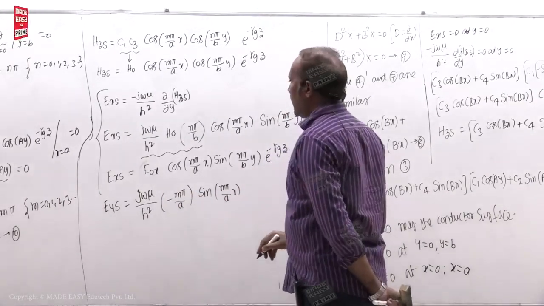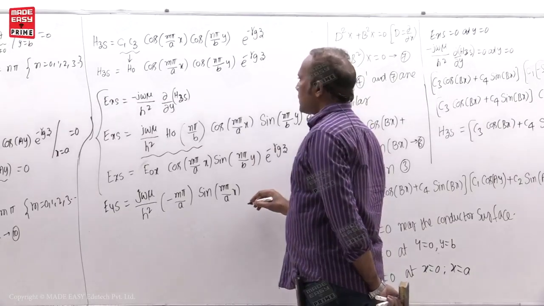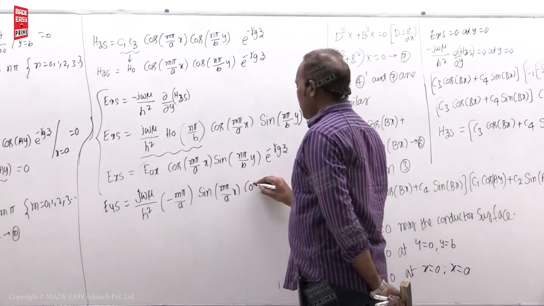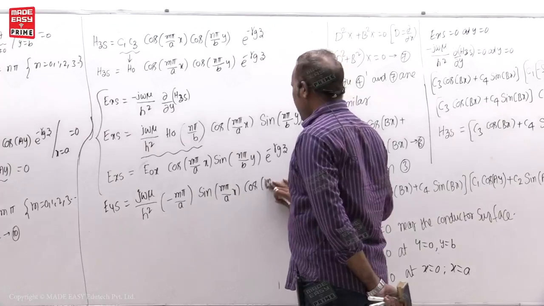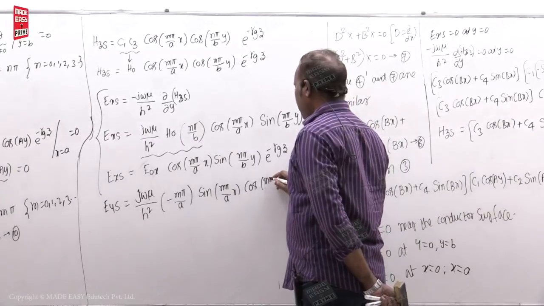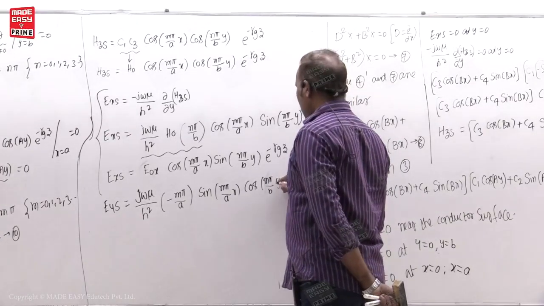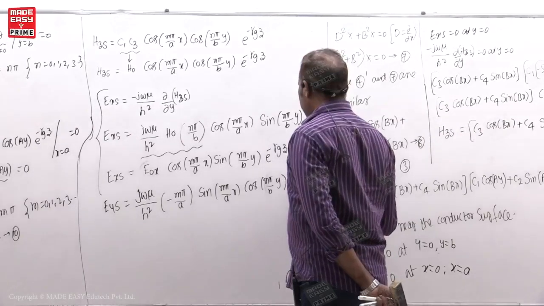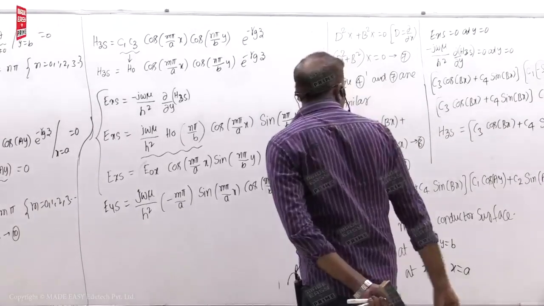And this side, ultimately this is sine, then this is cos n pi by b into y e power minus gamma g z.